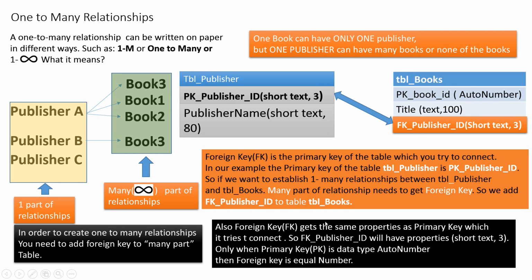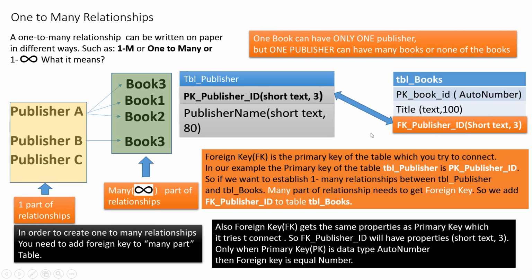Just remember, one thing to remember. Foreign key must have the exact same properties as the primary key which you try to connect. So if primary key is publisher ID short text 3, it means foreign key must be also short text 3.